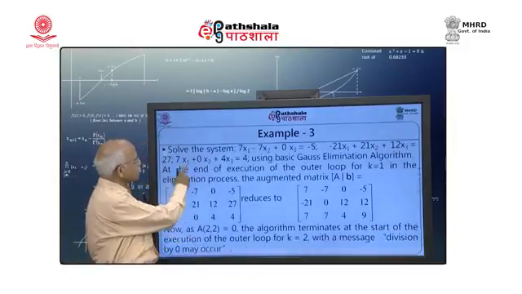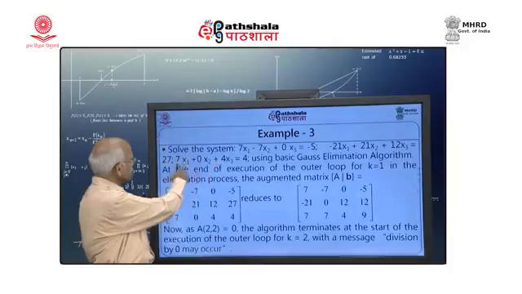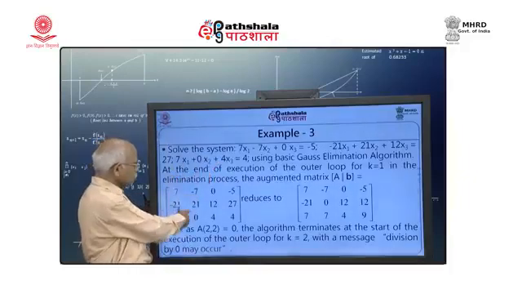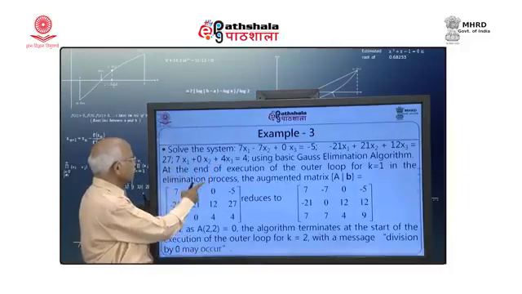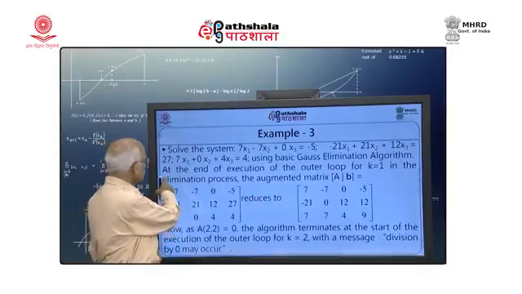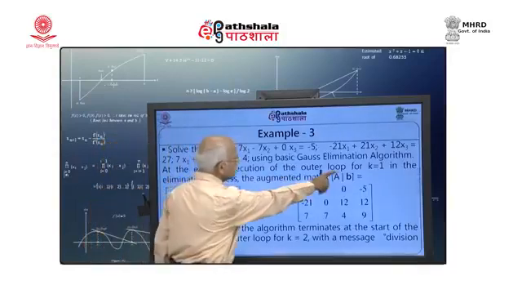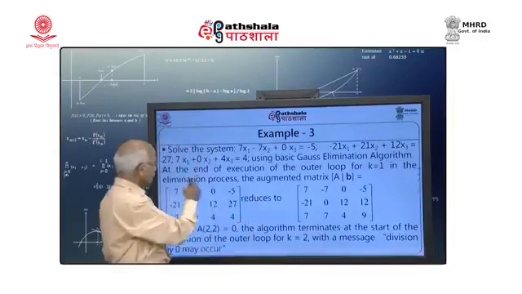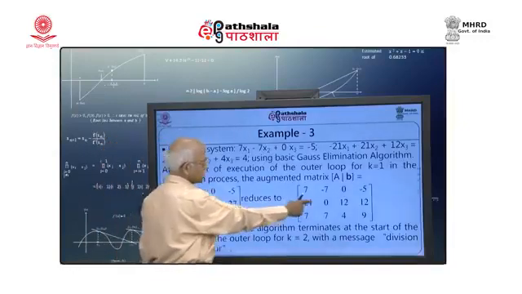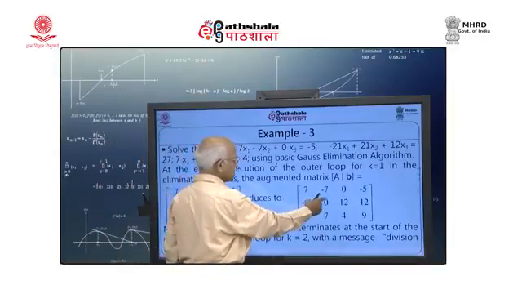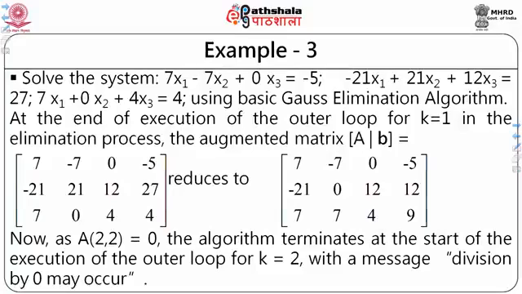Whereas, in this particular example 3, if you take this and again implement the algorithm, we will see that using the basic Gauss elimination algorithm, at the end of the execution of the outer loop for k equal to 1, I get this element as 0. Again the diagonal element has become 0 in between the elimination process itself, and therefore the algorithm will terminate saying that division by 0 may occur.